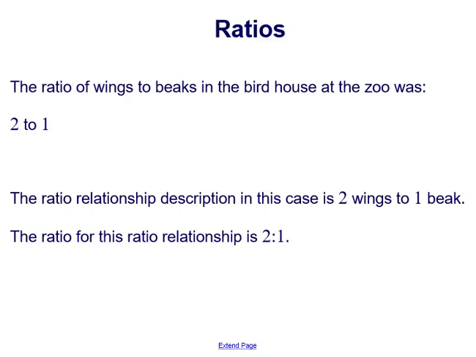Almost like giving you more information of what the numbers are meaning. That's what we say is a ratio relationship description. But the actual ratio is just the 2 to 1, the 2 and the 1 numbers, versus actually seeing it's 2 wings to 1 beak for the relationship description.